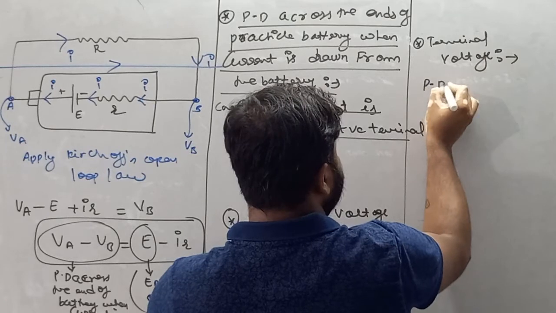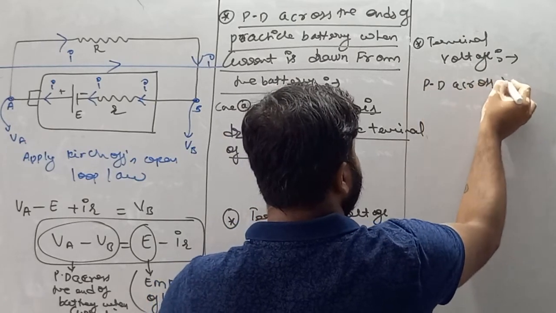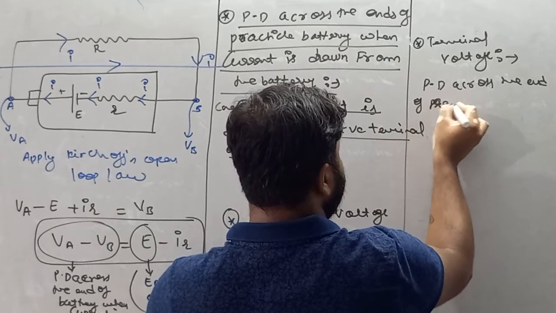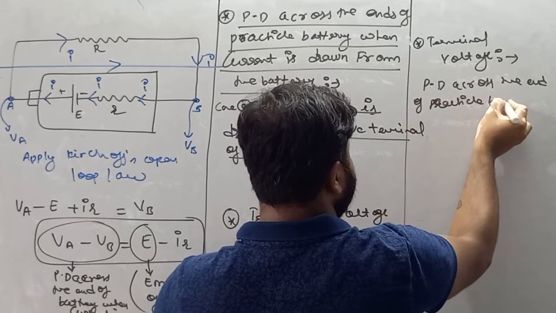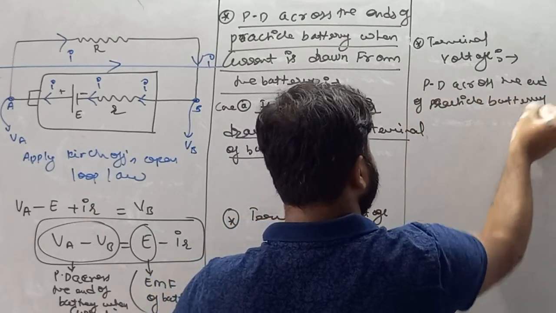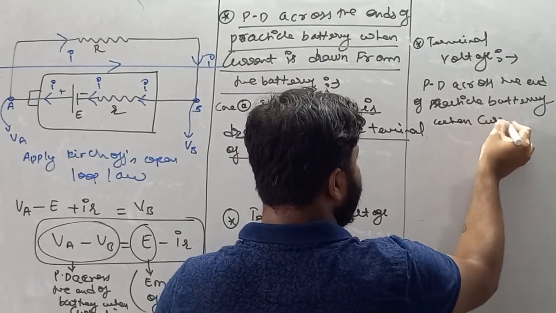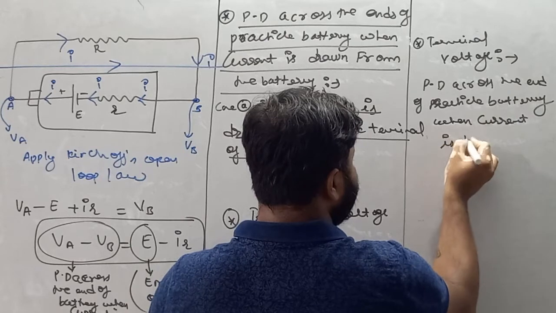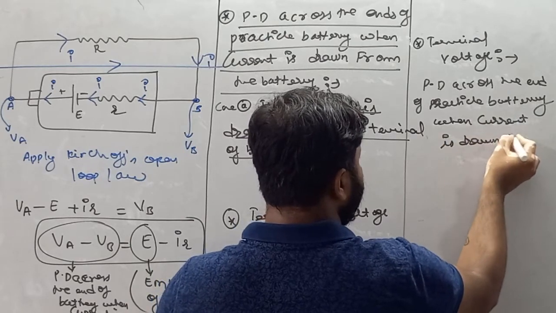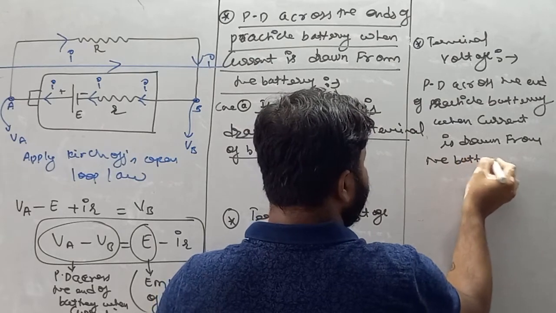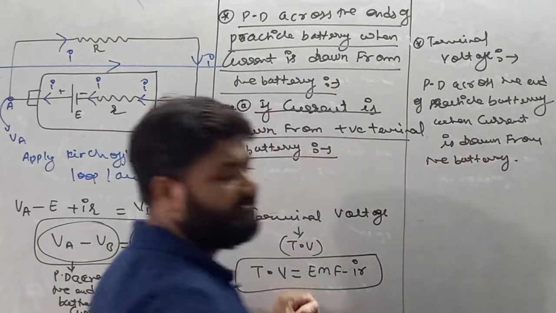It is the potential difference across the ends of a practical battery when current is drawn from the battery.